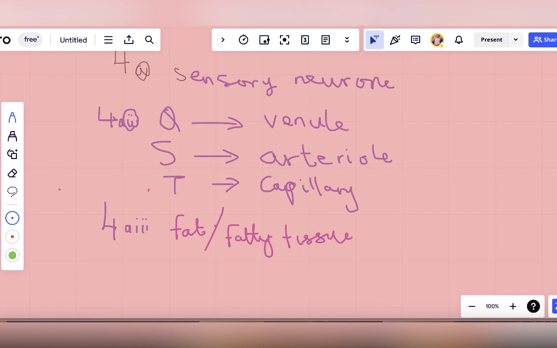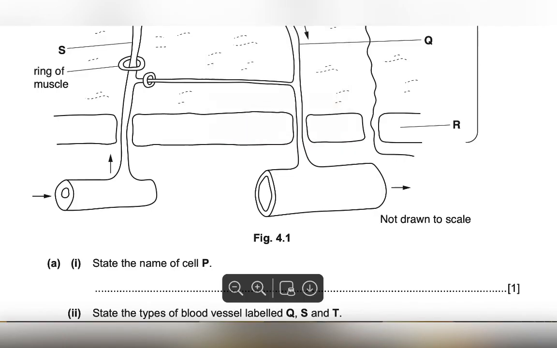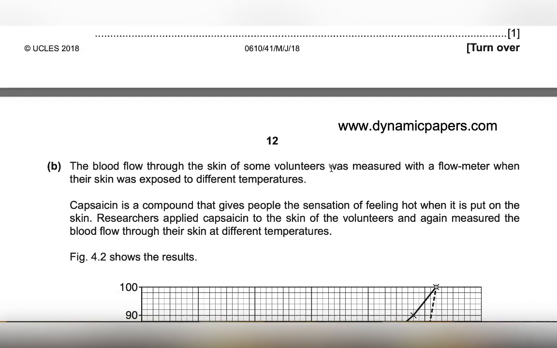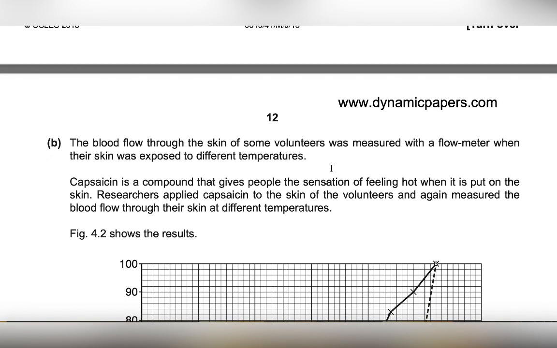Okay, now we're in B. Finally, we're in 4B.